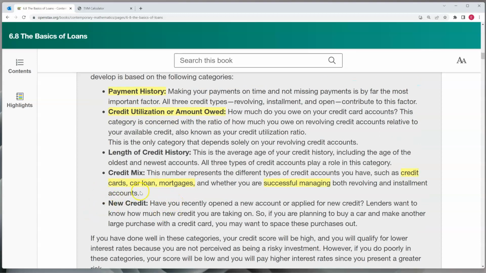And then the last impactor is new credit. If you open a bunch of credit at the same time, again, that can negatively impact your credit score, for a multitude of reasons. One, when you apply for those loans, you are having your credit run, not soft credit runs, but hard credit runs. That's negatively impacting.